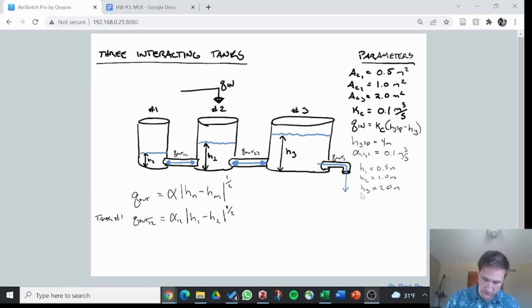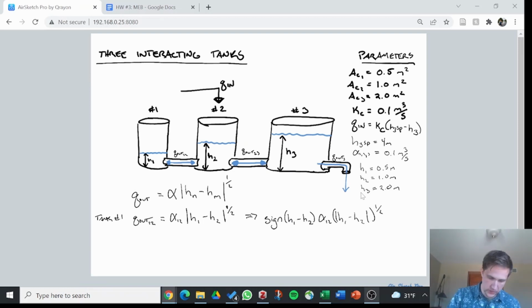What we're going to do for that is add in the sign of H1, the fluid level in tank 1, minus the fluid level in tank 2, and then this multiplied by the proportionality constant of the difference between the heights between tank 1 and tank 2.